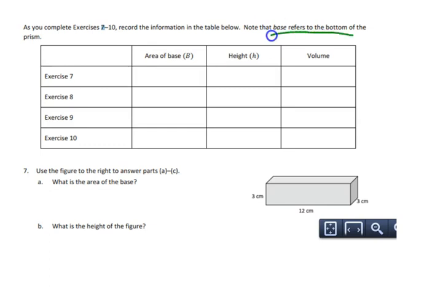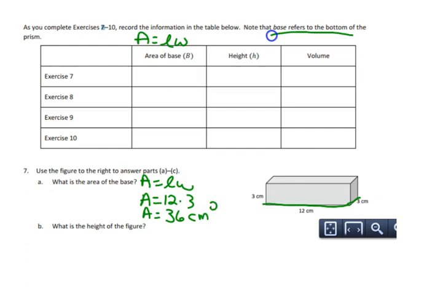Now my area of the base, when we're rectangles, the area is length times width. So let's look at it here. Use the figure at the right to answer the questions. What is the area of the base? Well, A equals LW, and that would be the bottom, which is going to be 12 times 3, which would give me 36 centimeters squared.